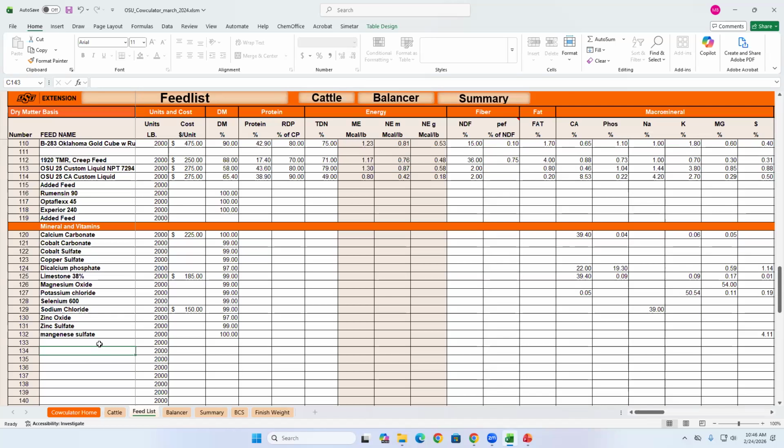You can change that. We could also add in the Purina mineral, right? We could add the information for that Purina mineral we just looked up based off the feed tag. And then we could evaluate, is that mineral going to be good for my system? Does that make sense? Okay.